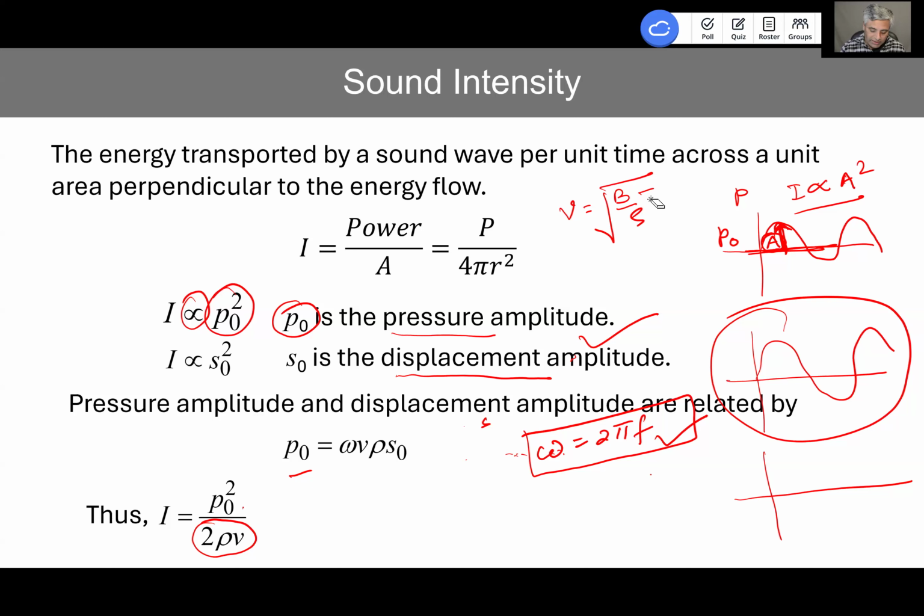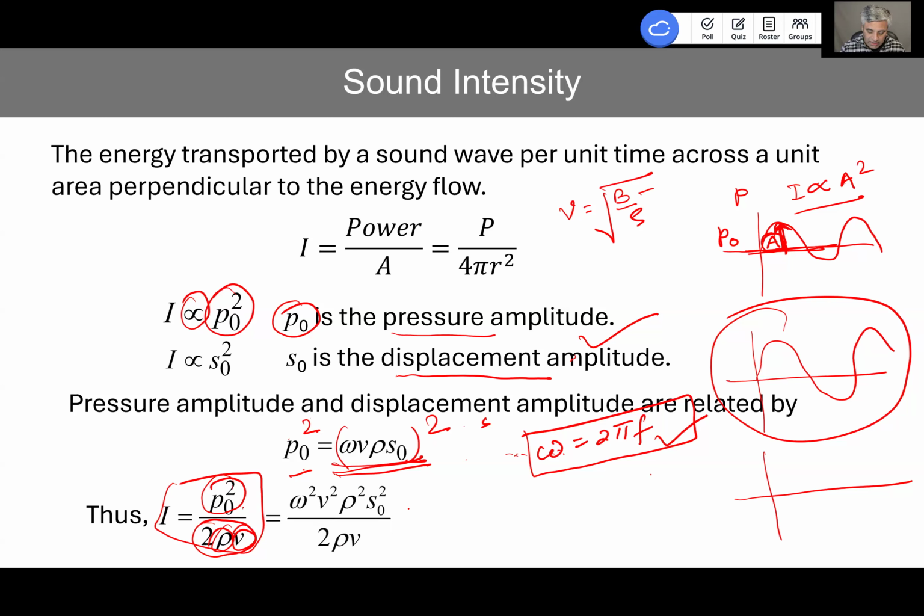So for a fixed density, the speed is also going to be fixed. So they are basically related. And that's how the intensity looks in terms of the pressure amplitude. But since the pressure amplitude and the displacement amplitude are related, we can replace this P0 square, or pressure amplitude square, by substituting this one in that equation.